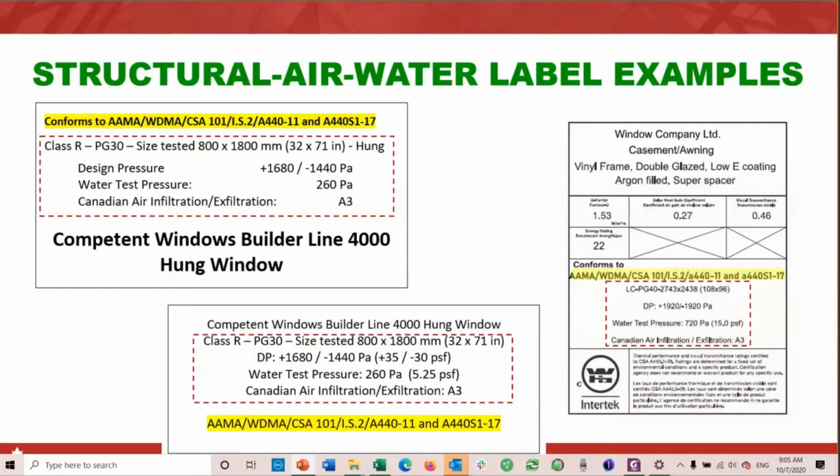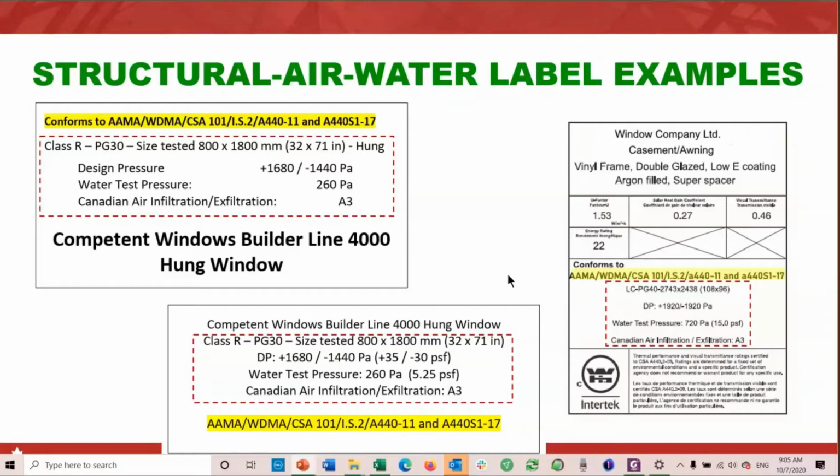We typically call these the NAFS labels because they are tested to the NAFS standard. But sometimes manufacturers want to combine this NAFS performance information with their energy performance information on a single label. And so the label on the right gives you an example where it serves both functions, the energy performance label and also the NAFS labeling.